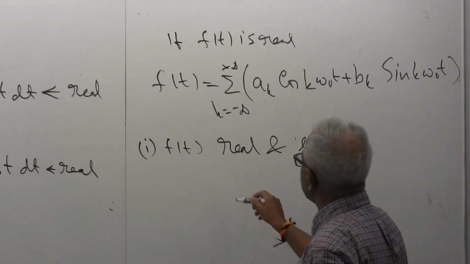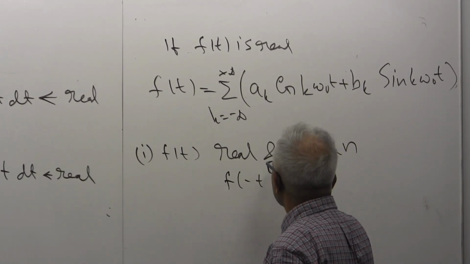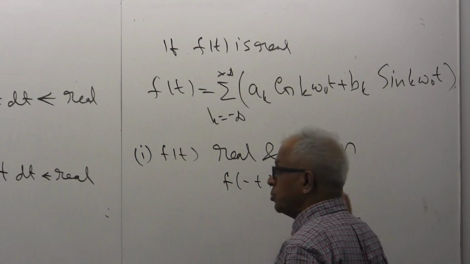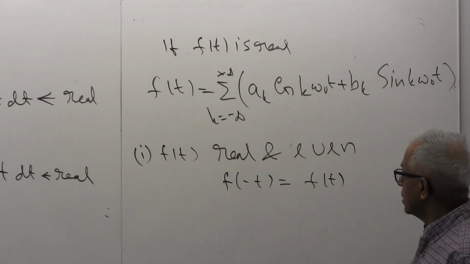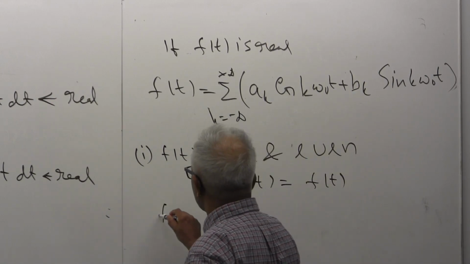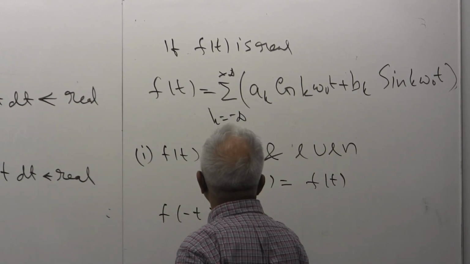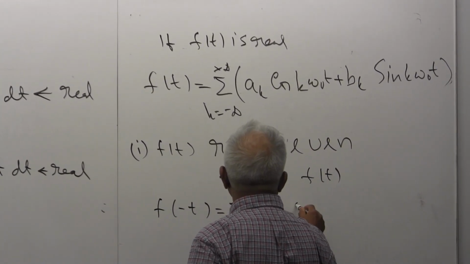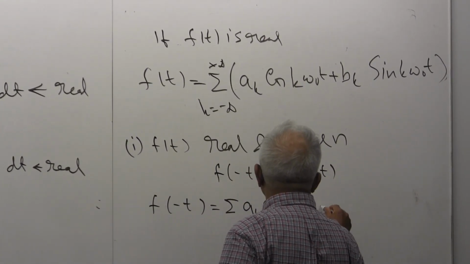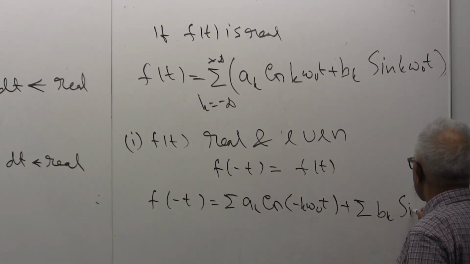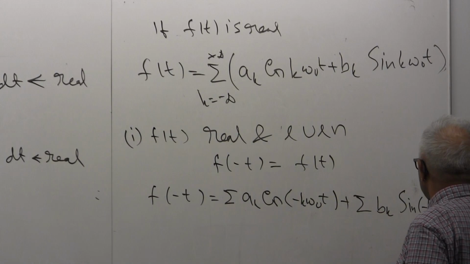So even means f of minus t is, what is even? f of t, that's the definition of even. Look at here. So what is f of minus t? f of minus t is sigma ak cos(minus k omega naught t) plus sigma bk sine(minus k omega naught t).